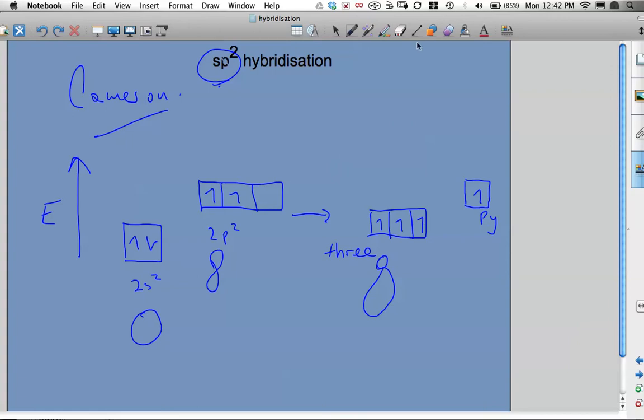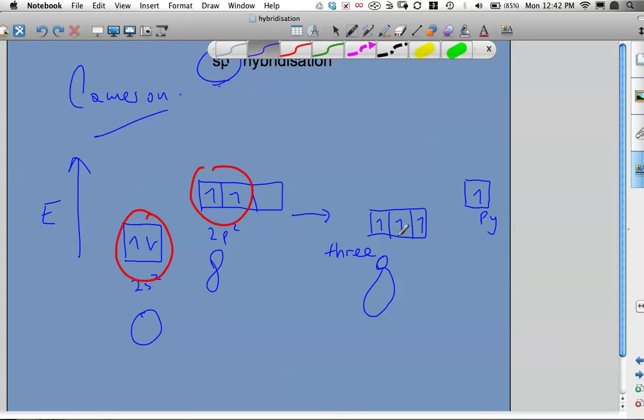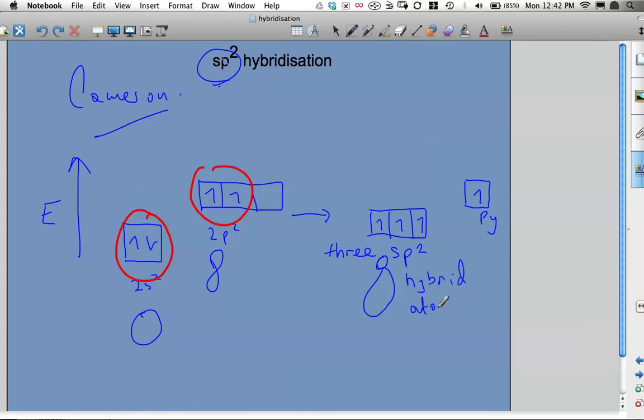And they've been mixed by mixing the s orbital and 2 of the p orbitals. So we call these orbitals sp2 hybridized orbitals. These are sp2 hybrid atomic orbitals. But we have one unhybridized p orbital, which still has the same energy and the same shape that it had before.